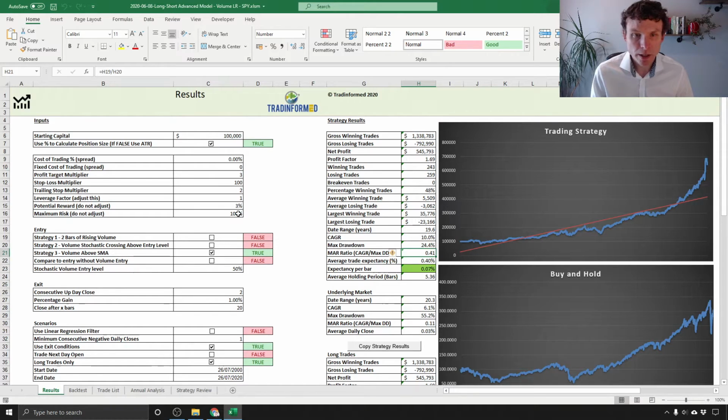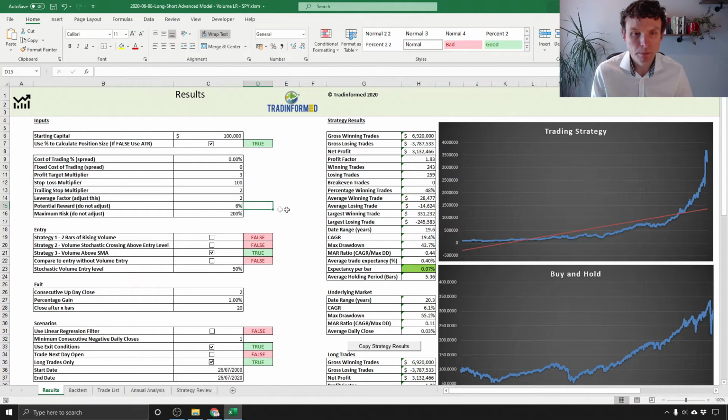You can see the advantage of a lower MAR ratio illustrated if I increase the leverage factor here. You can see we can get compound annual growth rate double there. Average trade expectancy stays the same because that is measured in terms of the underlying market, but net profit is considerably higher. And when I say increase the leverage, what I'm doing is increasing our position size relative to our capital.